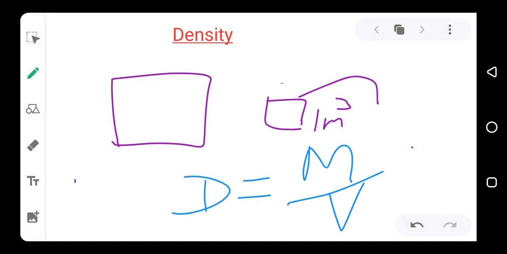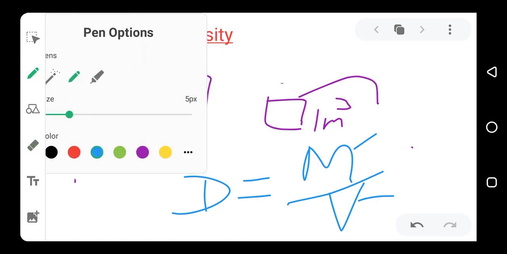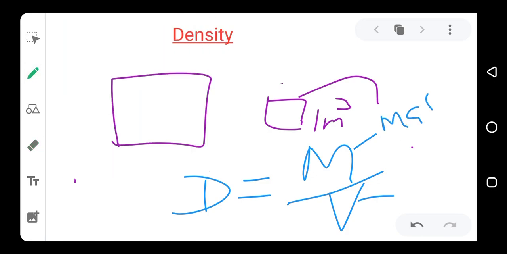This M is mass, and this V is volume. So this is the formula for density, mass over volume.